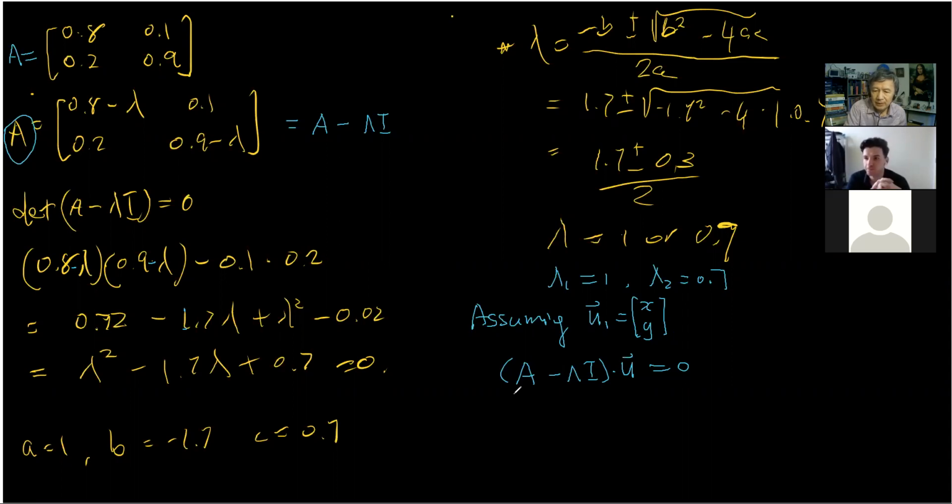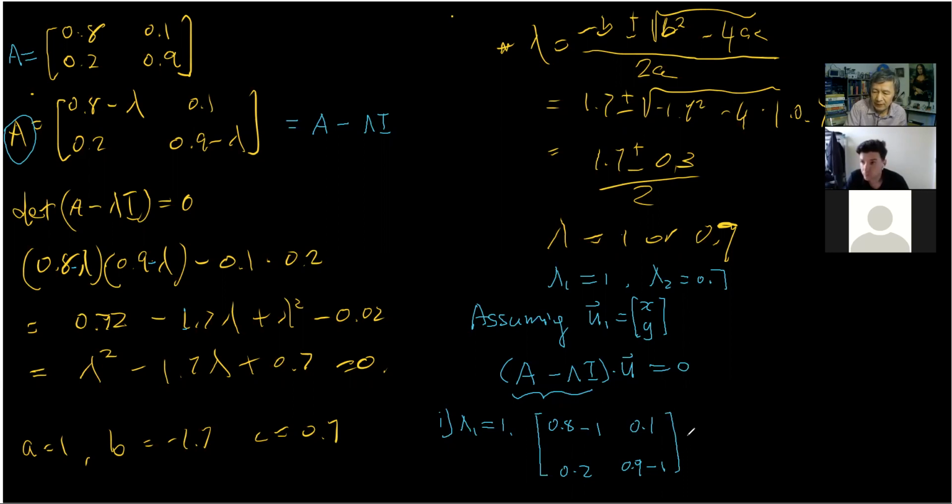So if you substitute that, can we just work out these matrices, which is the difference between these two? Can we just consider lambda 1 equal to 1 and solve this first? If we substitute lambda into this equation, this matrix will be 0.8 take away 1, 0.1, and 0.2, and then 0.9 take away 1.